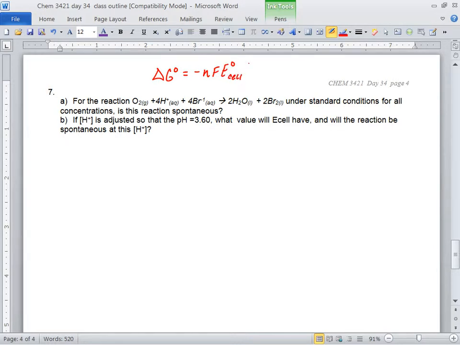All right. So you need to really answer this question by determining whether E0 cell is positive or negative, right? Because they said standard conditions, so that means let's just calculate E0 cell.